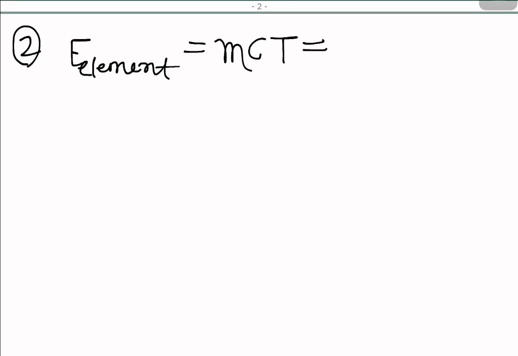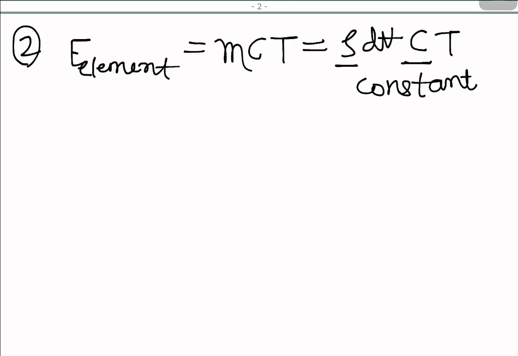Mass is equal to density into volume. Our volume is dV into C into T. In our equation, we will assume that rho density and C our heat capacity are constant. This is our assumption.